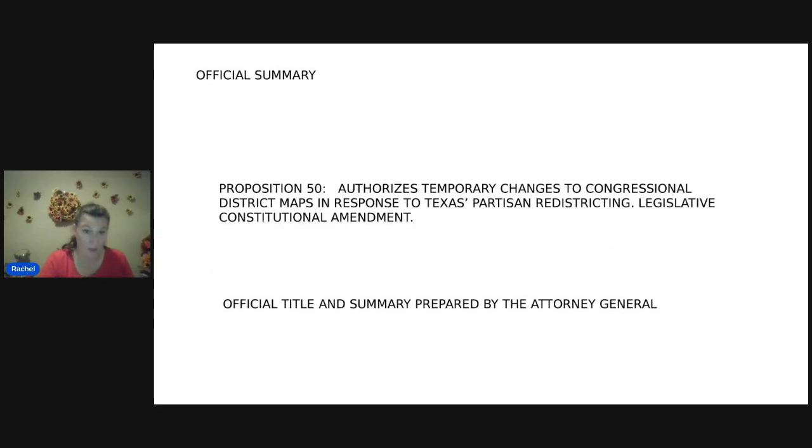So let's get the official summary from what they wrote themselves, straight from the horse's mouth, as they say. Here's the official summary. Proposition 50 authorizes temporary changes to congressional district maps in response to Texas's partisan redistricting legislative constitutional amendment.